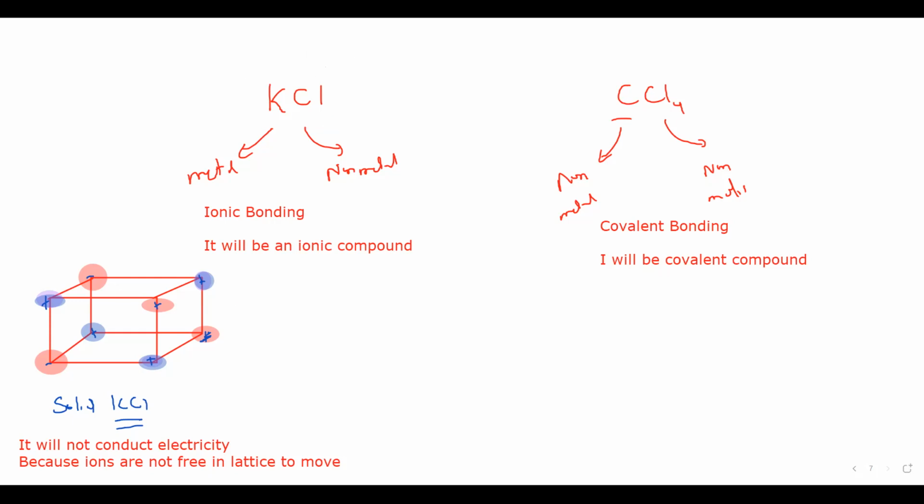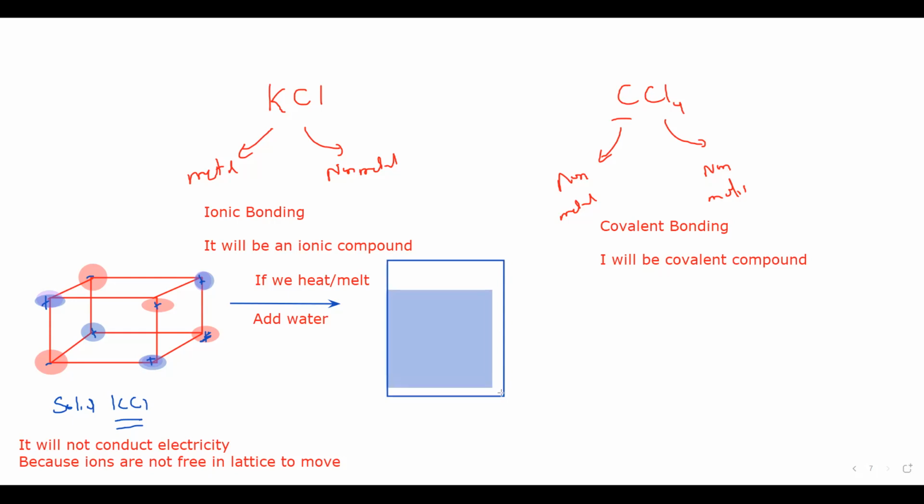Now what happens if we supply heat energy or melt this, or we add water? The moment we add water to this, it will dissolve. The blue shade is representing the water.